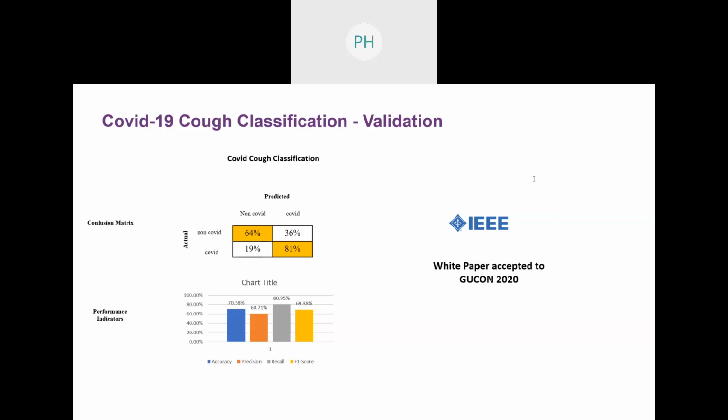One question from Lokendra is, what would be the confounders in such a case, for example the quality of audio, age, and gender. Yes, we did take into account the audio quality, and we made sure that the audio with less noise or no noise is what is taken up as part of the learning. Now, age and gender are just one part of it. Besides cough classification, there are multiple other use cases coming up, and a few are already completed.